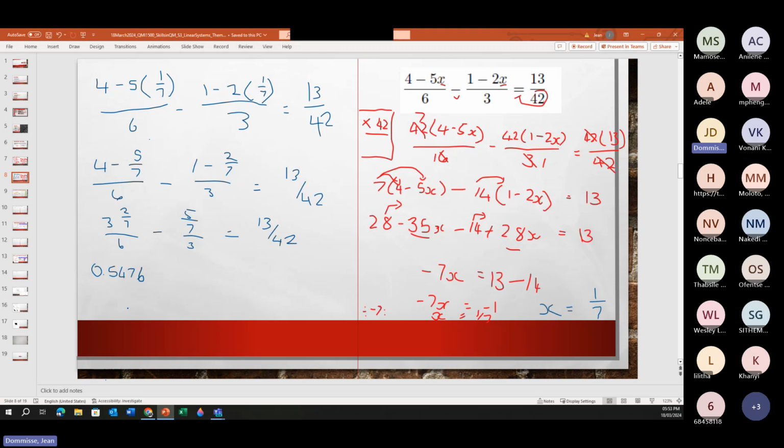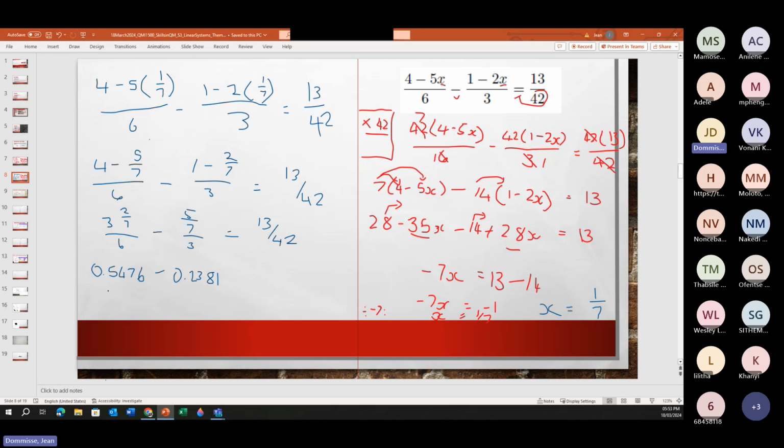So that would have been something like 3 and 2/7 divided by 6, and on this side, 5 divided by 7 divided by 3. And if you have a nice calculator that works out your fractions, please use it. I don't have a calculator like that.